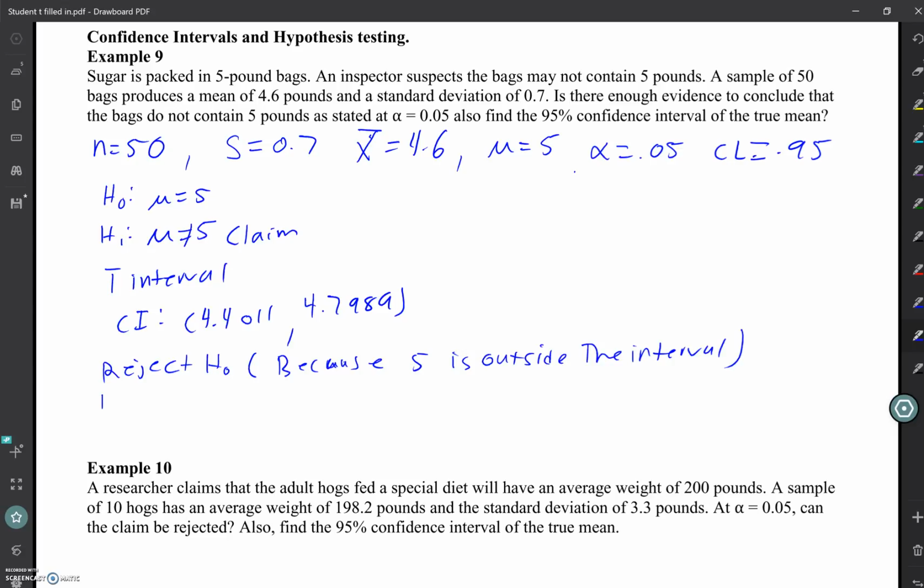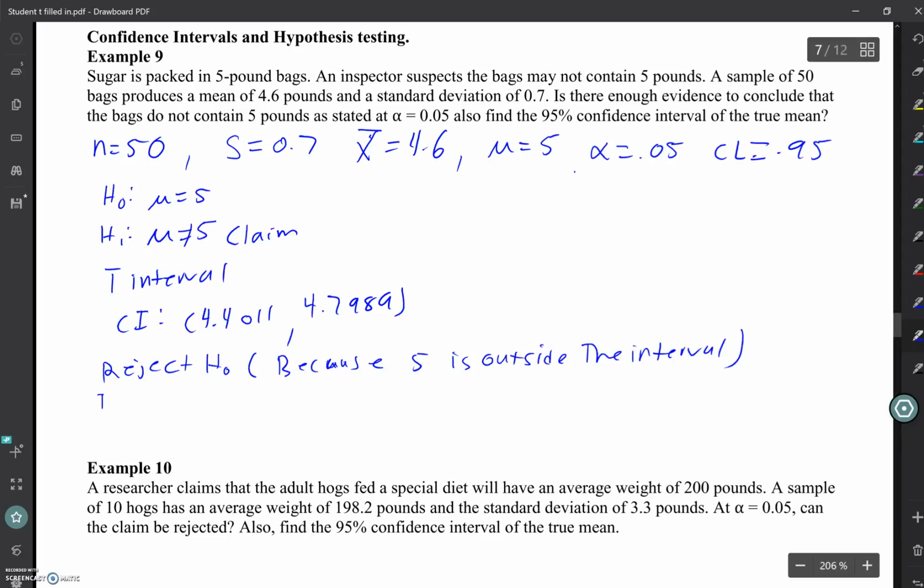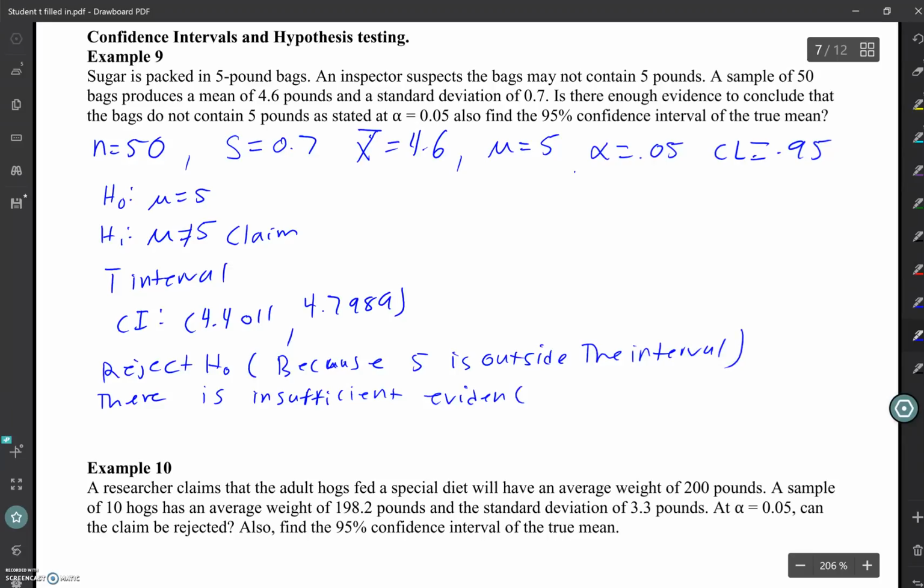Is there evidence or is there not evidence? It's hard to determine which one to use. Since I'm rejecting the null, there is evidence. We reject it.